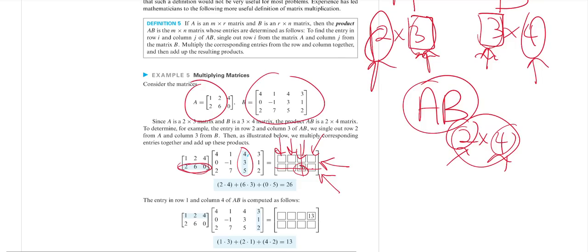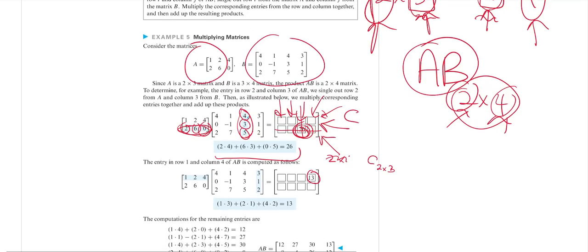Then you take 2, multiply with 4, take 6, multiply with 3, take 0, multiply with 5. Then you take the sum and put it here. That is the 2,3 entry. If you call this matrix C, this is a small c, 2,3. This is the 2,3 entry of this matrix multiplication, the resultant product, all right?